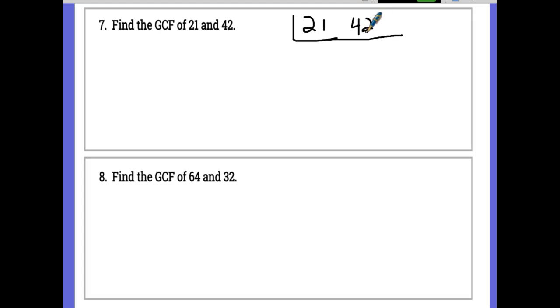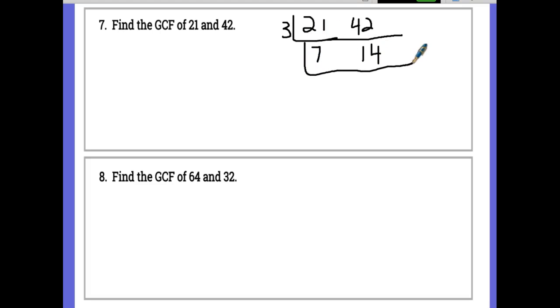And if the sum is divisible by 3, this number is divisible by 3. 4 plus 2 is 6. 3 goes into 6. So 3 it is. 3 times 7 is 21. And 3 times 14 is 42.